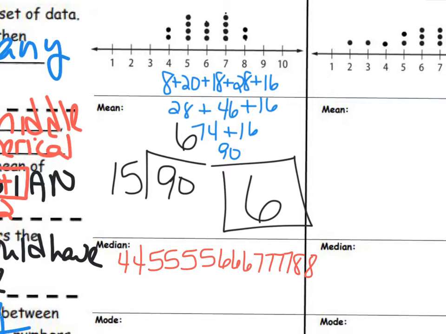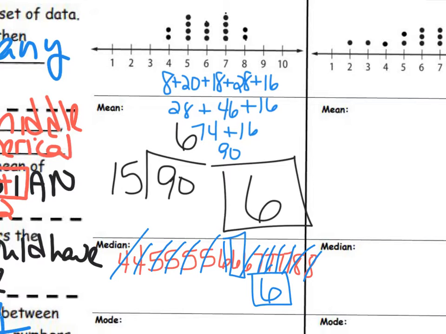You could count them, or you could just cross them out. So what we do is we could go ahead and cross 1 from each side, one time. So then that means that the middle number is 6. So my median for this data is 6.